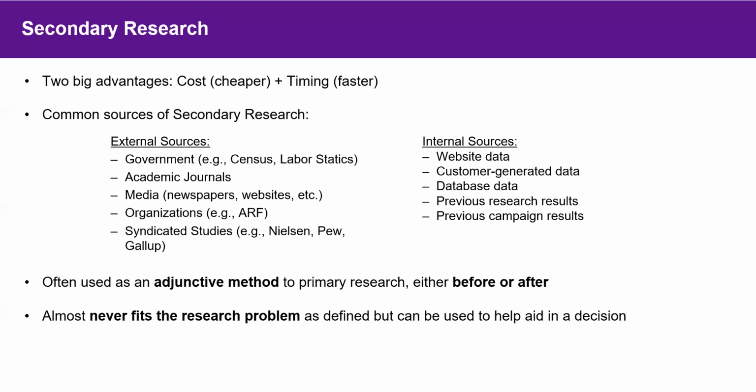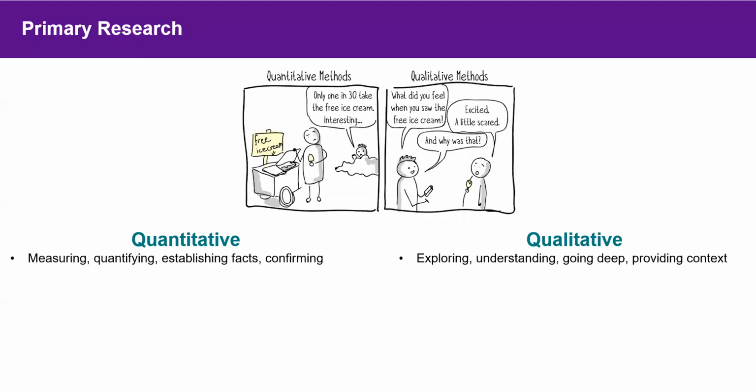Again, we talked about this on the last slide, but we think of secondary research often as an adjunctive method in combination with primary research, either before or after, because secondary research almost never fits the problem exactly. It can be used to aid us in a decision, but oftentimes it doesn't fully answer the question, which tends to require much more customized solutions. And those customized solutions tend to come in primary research.